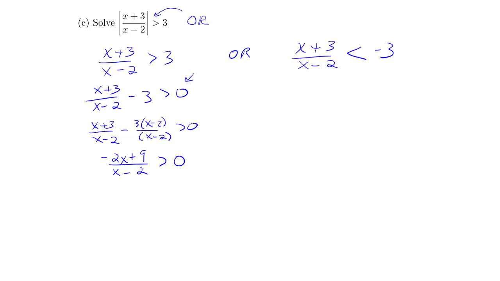Okay, so now once I've done that with a rational inequality, if you remember, I have to figure out when the numerator and denominator are 0. So this numerator is going to be 0 at 9/2, and this denominator is going to be 0 at 2. Those are the numbers that have to go on my number line chart.